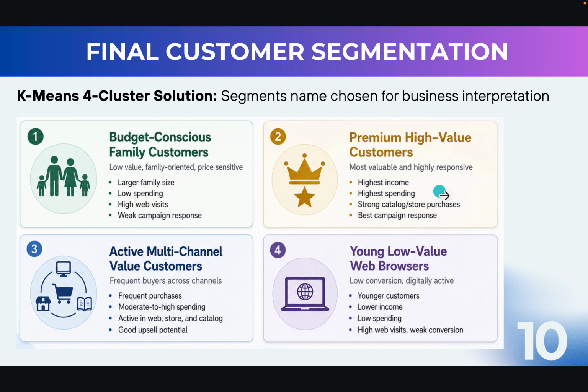Quite detailed, based on the features. For example, budget conscious family customers tend to have larger family size, lower spending, higher web visits, and weaker campaign response. So they appear to be more price sensitive and deal oriented.